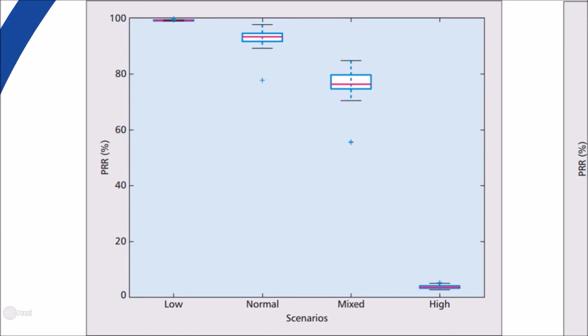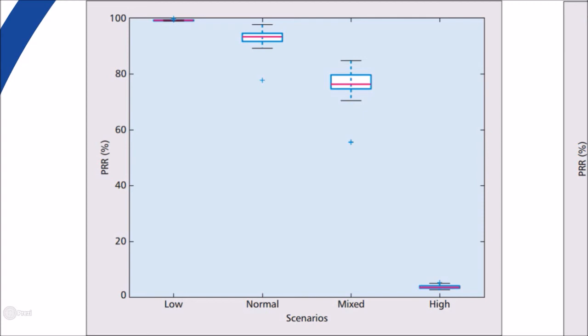If we look at the graph, then the low interference is almost 100%, which is obvious because there is no interference, but the normal one already has some interference, and this is already lower.